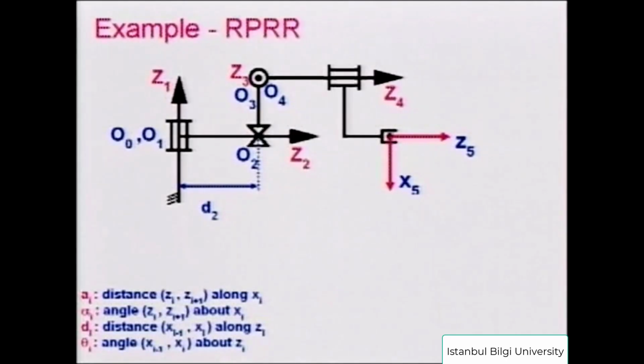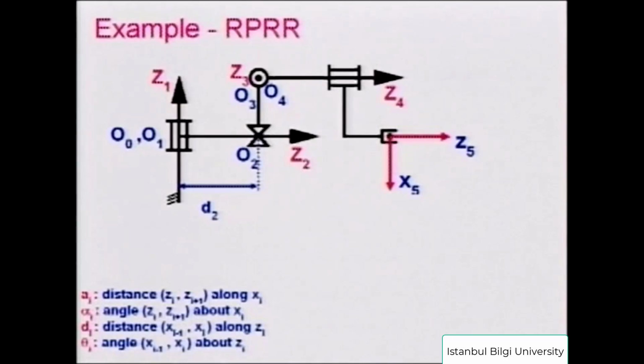Again, it is the distance between the z-axes 1 and 2. So, it is also 0. What about the distance between Z2 and Z3? That will give us A2. So, there is some distance. In fact, there are distances that are not appearing on the figure, and we are going to introduce them.